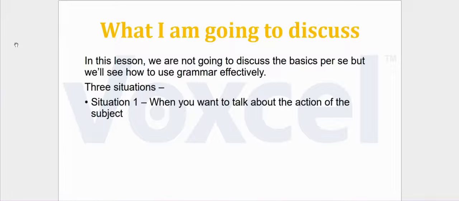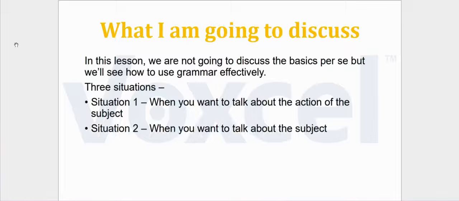So situation number one, when you want to talk about the action of the subject. Basically in this, I am assuming that you know something about subject and object. So when you want to talk about the action of the subject, you will use this particular situation. The grammar, what kind of grammar you need to use, don't worry about that. We will discuss it later in this video.